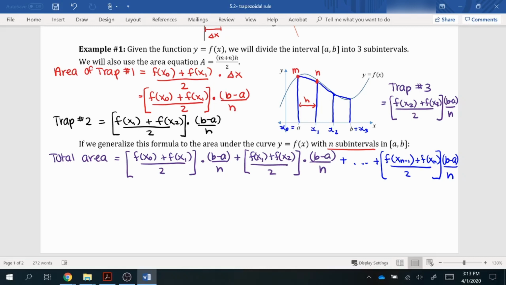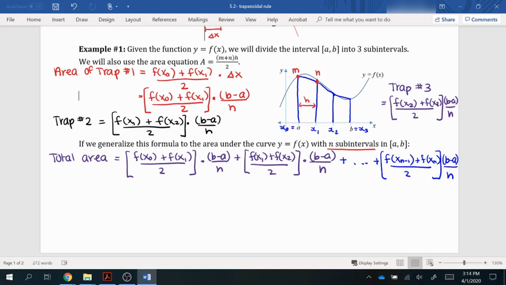So f of x1 gets used twice because it's attached to 2 different trapezoids. f of x2 gets used twice because it's attached to 2 trapezoids, all the way up to f of x n minus 1. So f of x0 and f of xn only get used once because they are only part of one trapezoid. So those 2 parts are not going to get used twice.